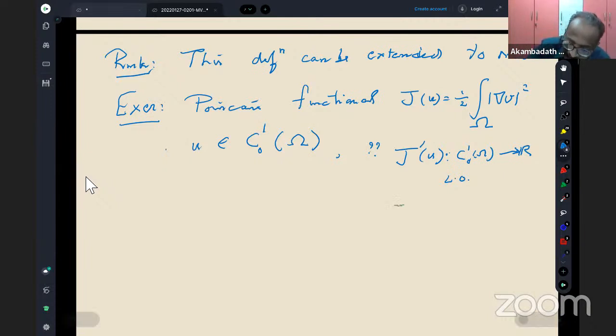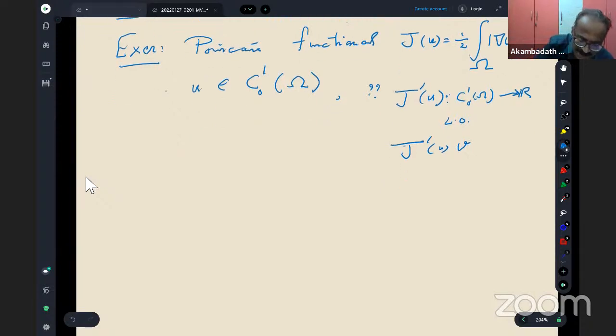Basically, I want you to compute J prime of U acting at V. So the exercise is much simpler. What I want you to do is a simple computation. J of U, V belongs to C1 of omega, and you compute this.